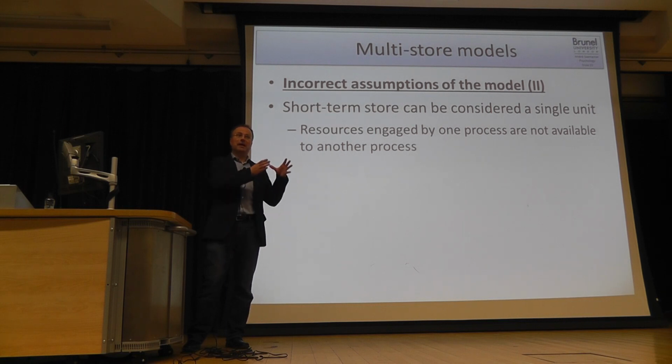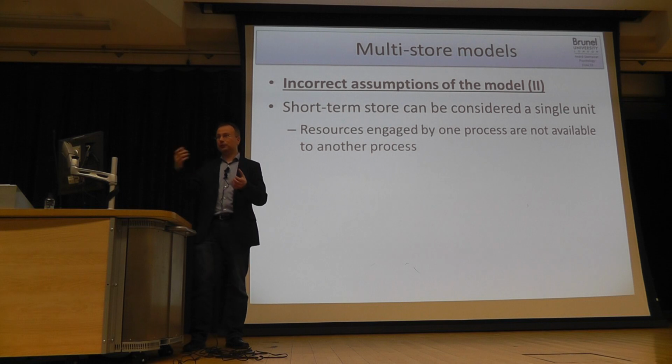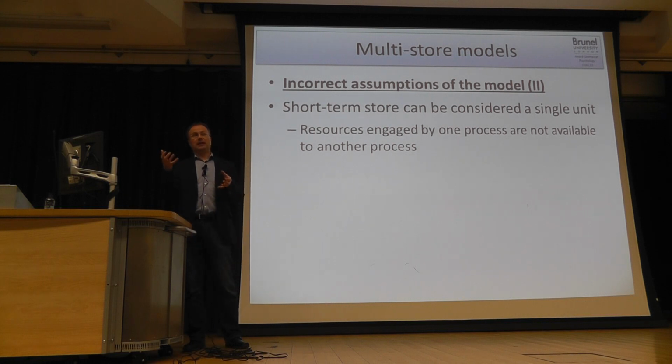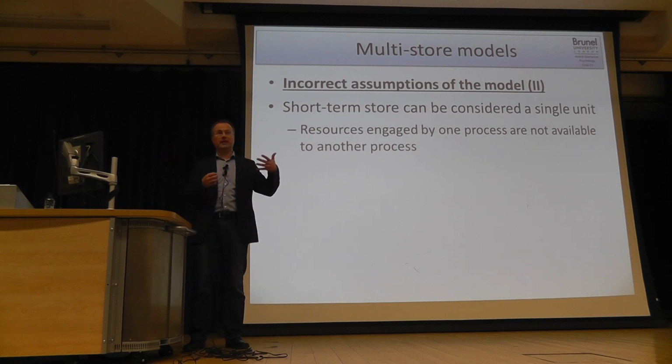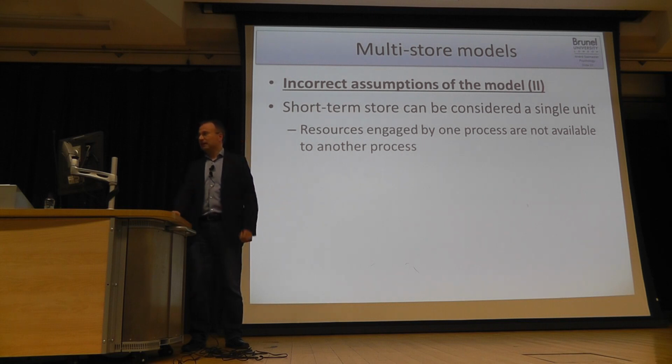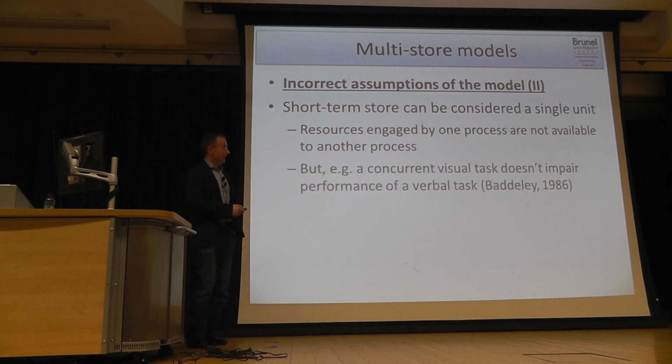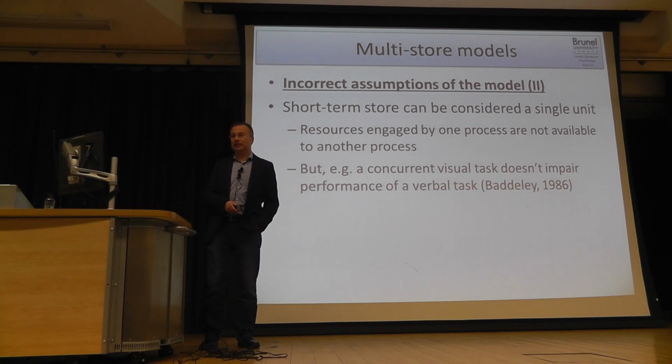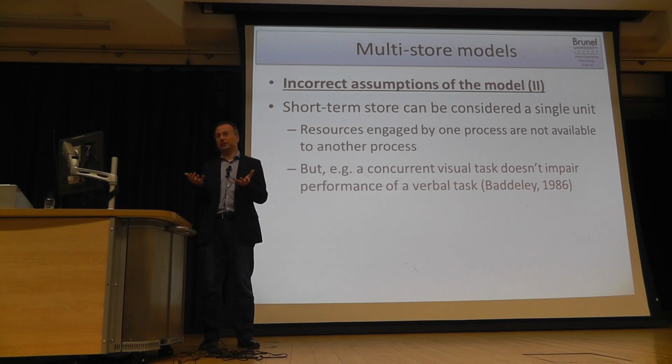So if I have to maintain something, I have fewer resources to do processing. And if I do heavy processing, then I have no resources left to maintain something. However, here again, it turned out that you can create tasks which require maintenance and processing, and they don't actually interfere that much. So it seems to be two different processes.